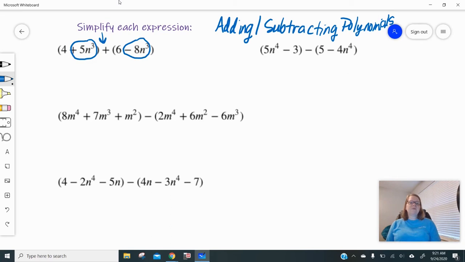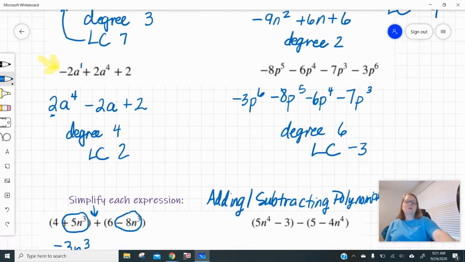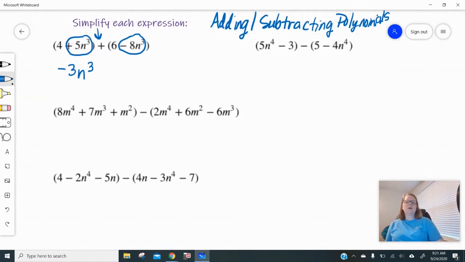So I've got a plus 5 and a -8, or 5 minus 8, which is -3. The reason I'm doing that one first, think about what we just did in the previous section. We wanted it in descending order, so I want that n cubed to be at the front of the answer.